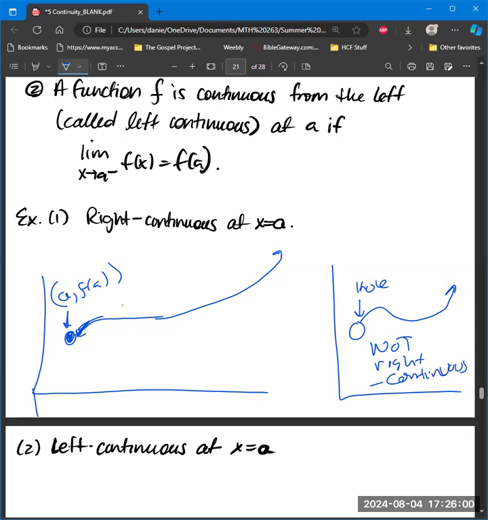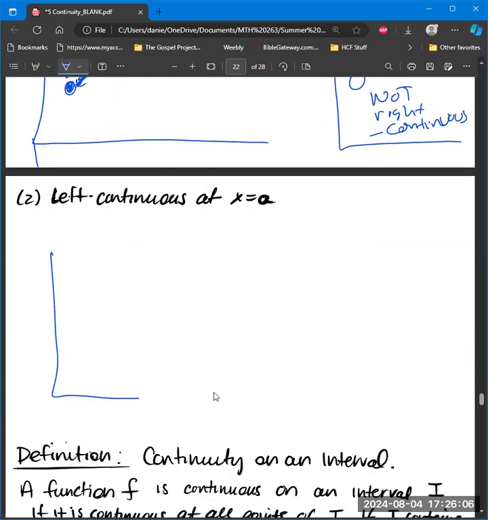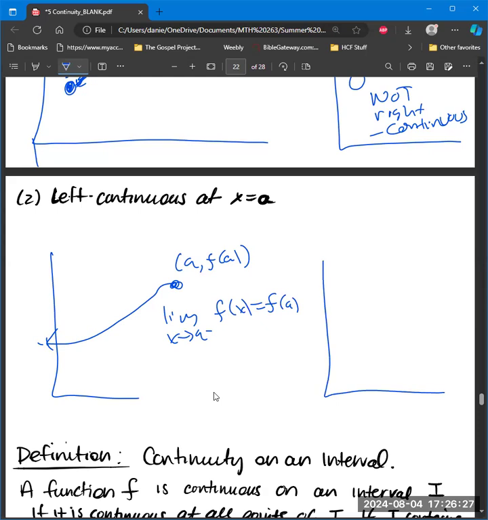Okay, so left continuous at a is going to look something more like this, and we have f of a like that. The limit as x approaches a from the left of f of x is equal to f of a. If we have a hole over here, then it's not going to be left continuous.